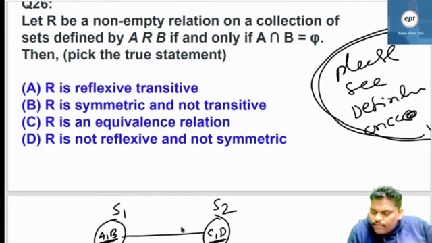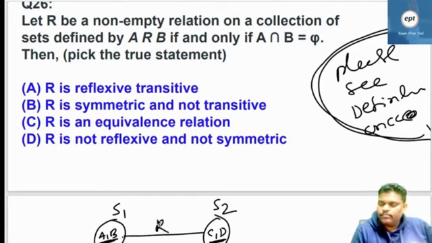Then these two are related. Two sets are related if the intersection is empty.